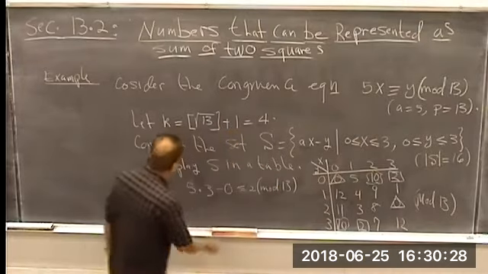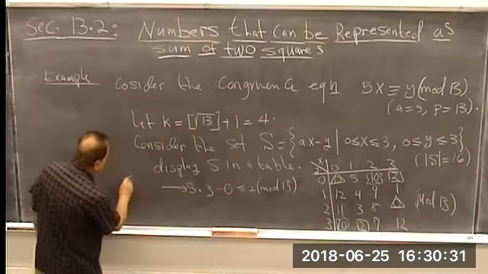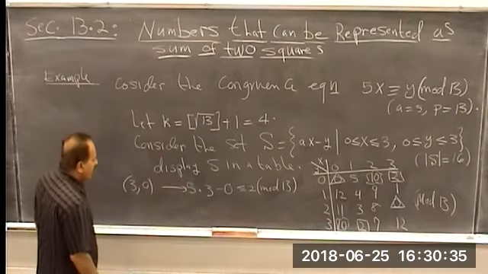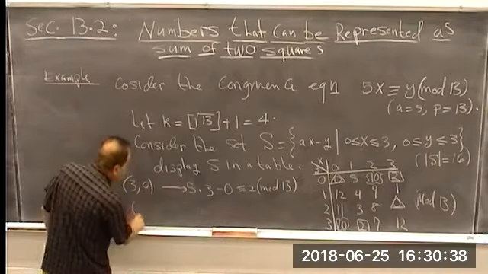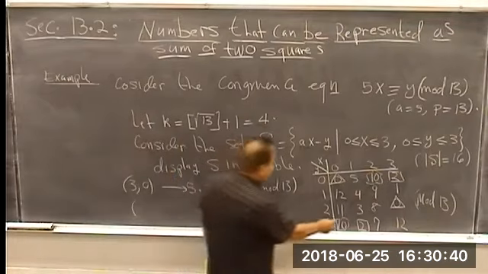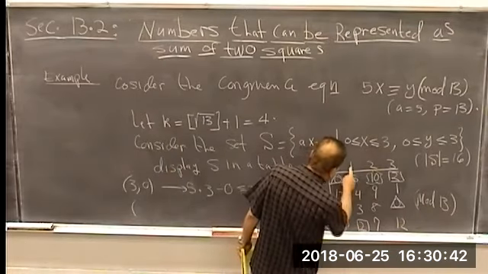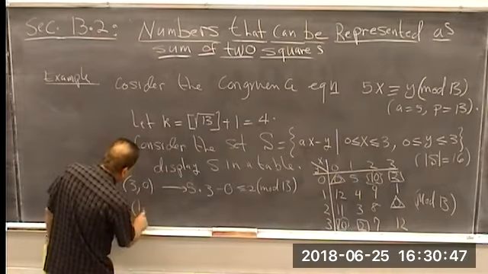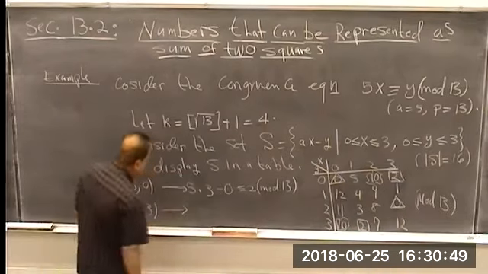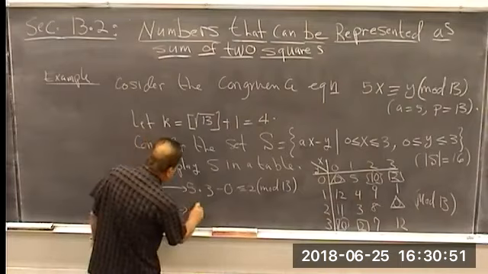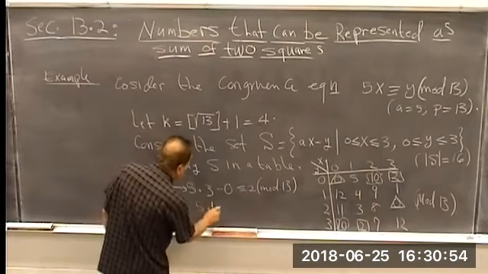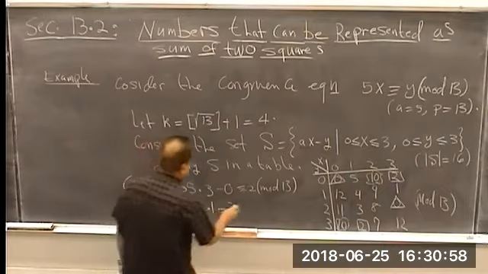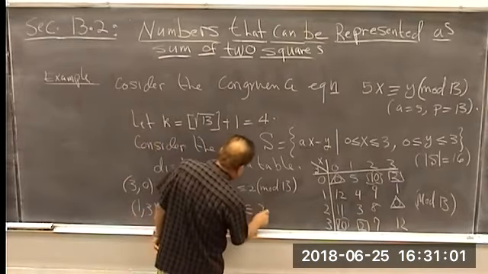And so in other words, this is the ordered pair which we're going to have, 3 and 0, and so this is the x and y. And then the other 2 in here has an x value of 1 and a y value of 3. X value of 1 and 3. And when we do this, 5 times 1 minus 3, this is also congruent to 2 mod 13.